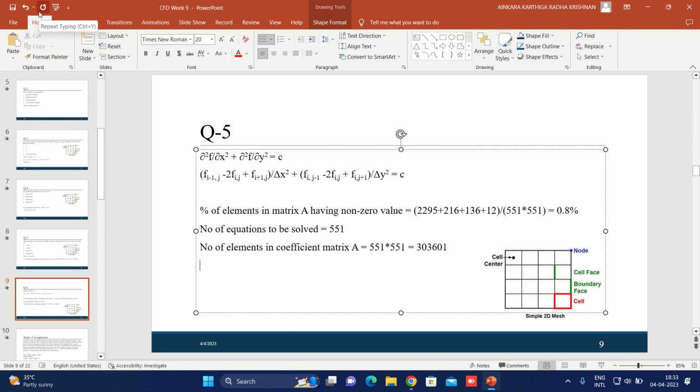In that it was observable that diagonal elements were present in everything, and along with that a few other elements were also present. So we would be having 551 equations, and in those 551 equations, it would be 551 cross 551. So if we are separating the equations and having some common pattern to observe it.